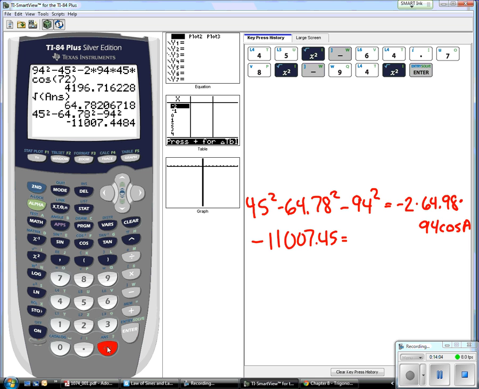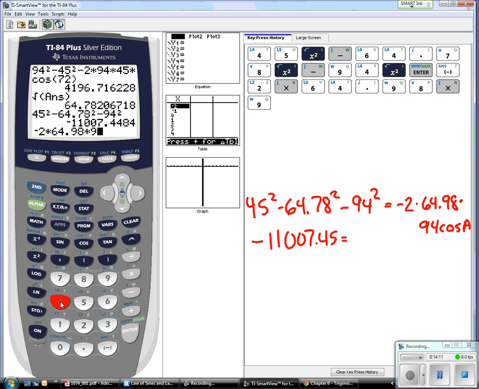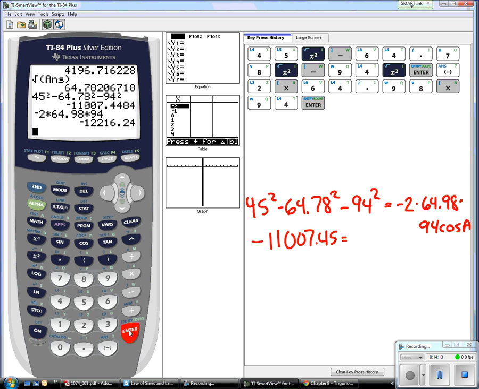Now simplify the other side, negative 2 times 64.78 times 94, negative 12216.24 times the cosine of A. So divide those two answers.